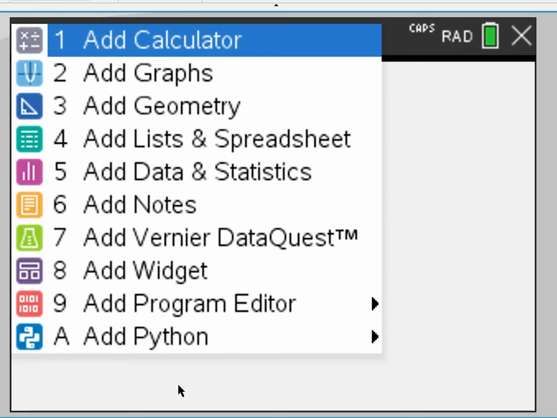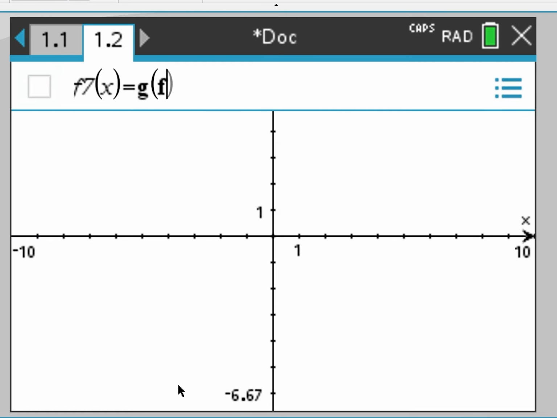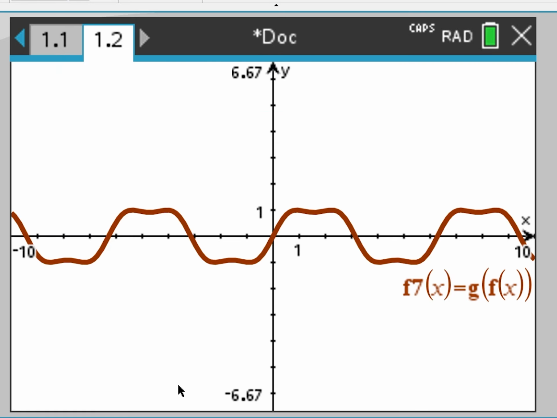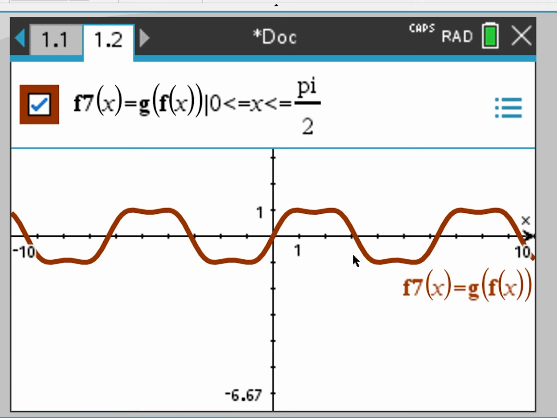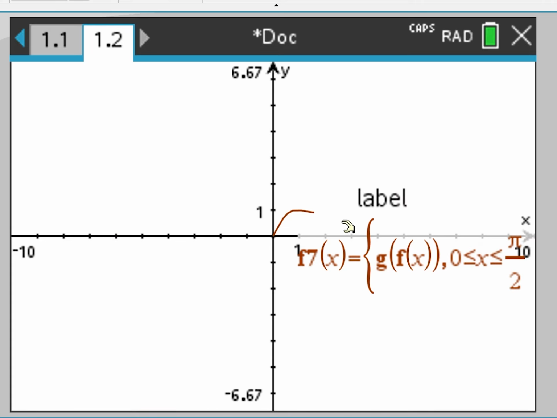So Control I2, g of f of x. Okay. And I'll restrict the domain: 0 less than or equal to x less than or equal to pi on 2. Okay.